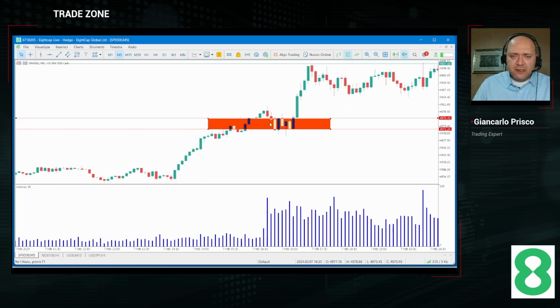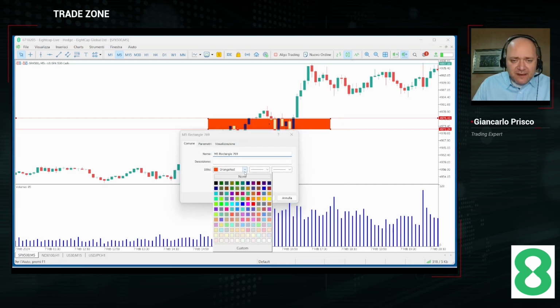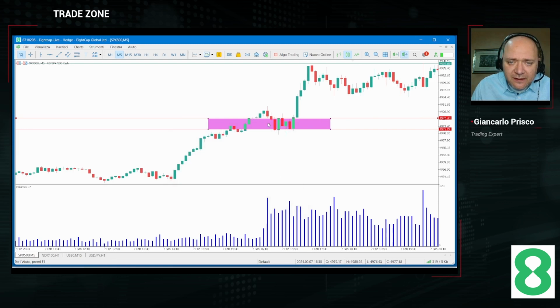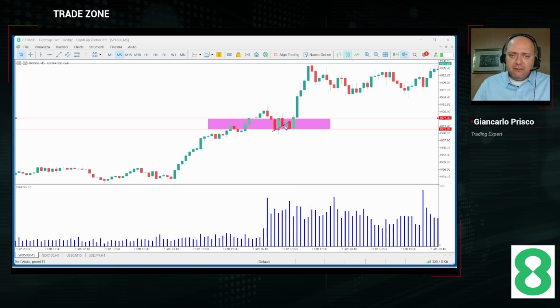Just a second, I will change the color. It's too big, so we can use this. So we have an idea that in this zone the market concentrated interesting and important volume. See what happened after 30 minutes.